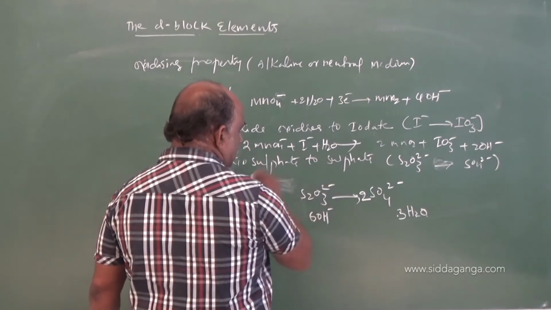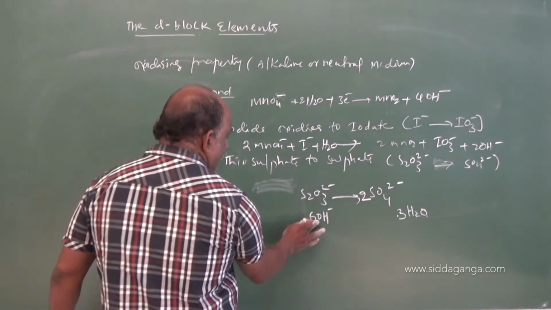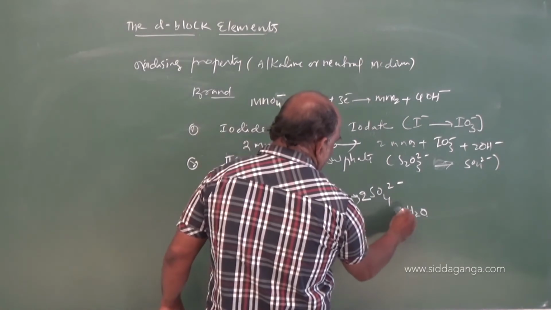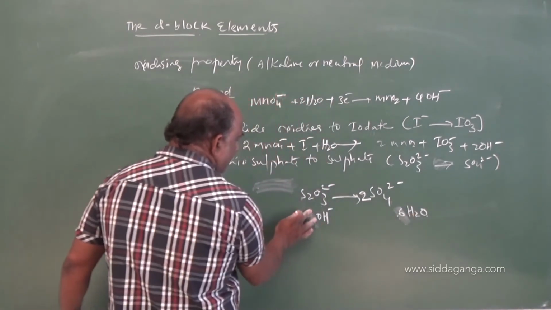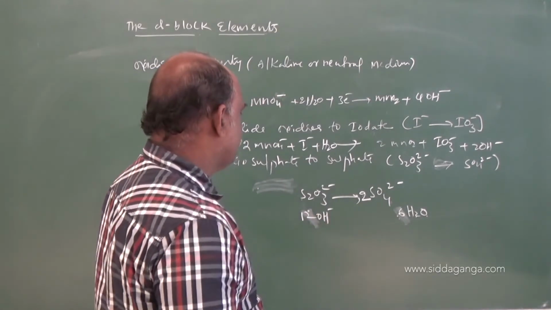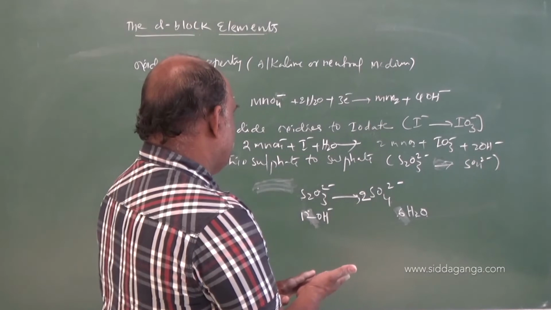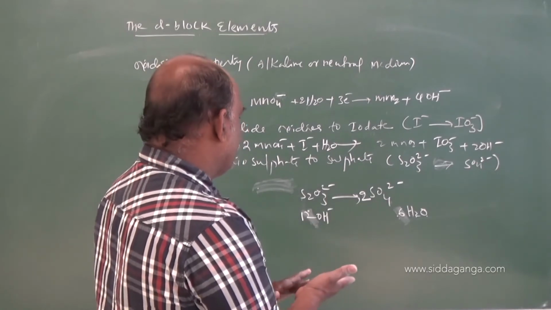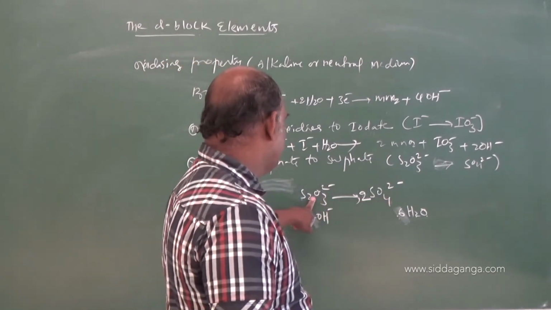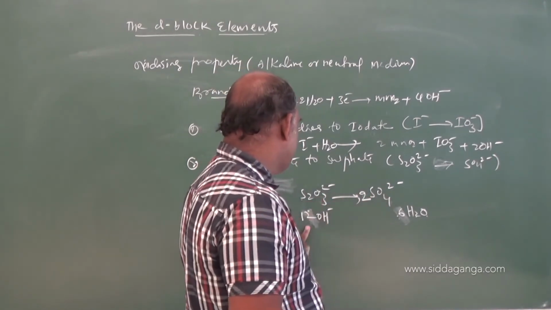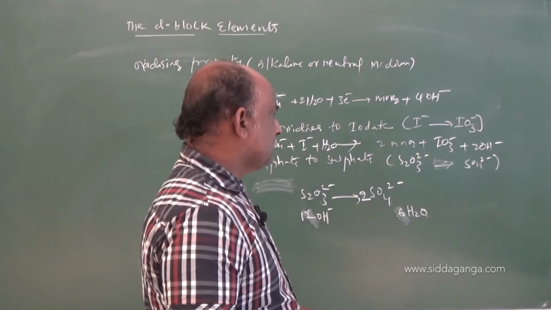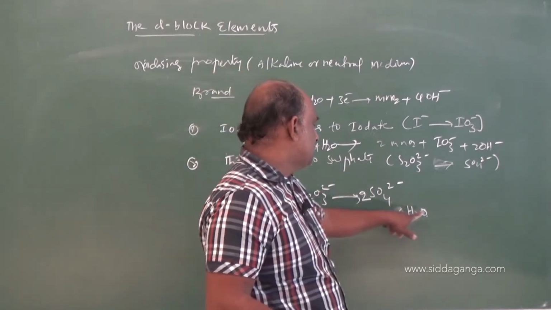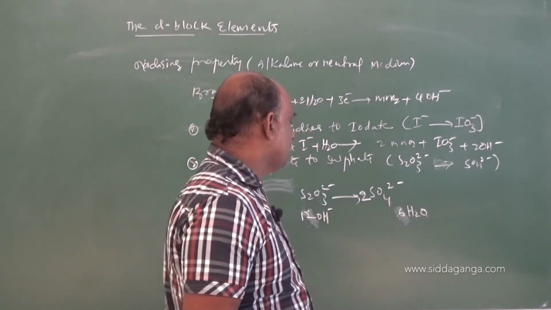Here 6 plus 3, 9. Then 9 OH, 9 plus 3, 12. 6 H2O, 12 hydrogens. 6 twos are 12. 2 fours are 8 plus 6, 14 oxygens only we will get.